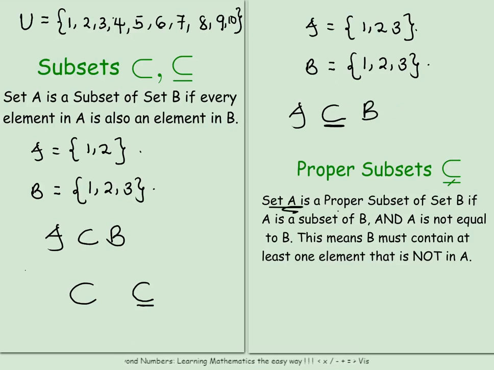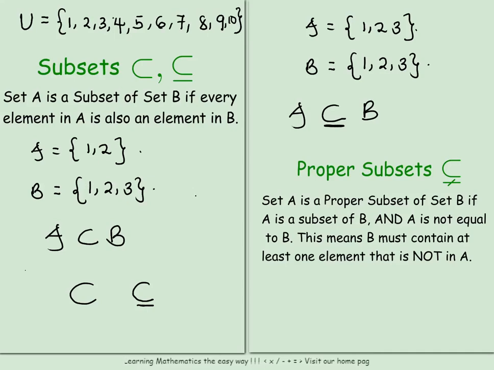So set A is a proper subset of set B if A is a subset of B, all right, and A is not equal to B. This means that B must contain at least one element that is not in A. So if you compare this set and this set, B contains this element and it is not in A. That makes it a proper subset.